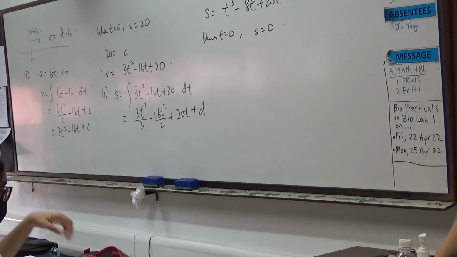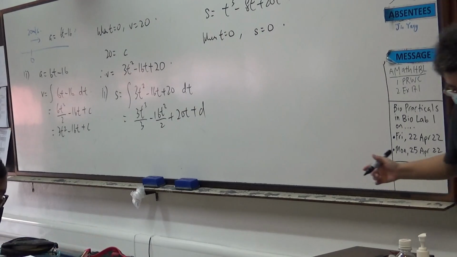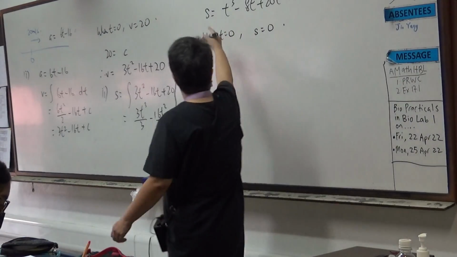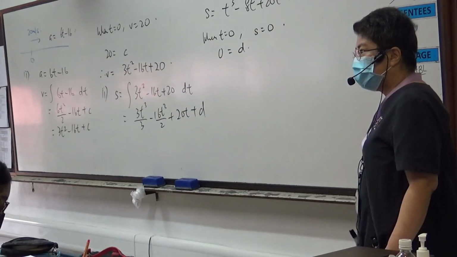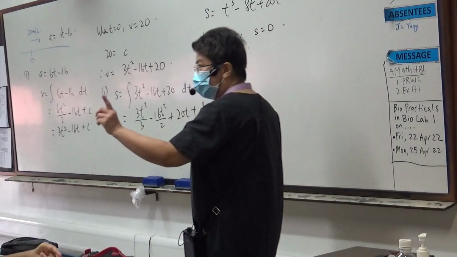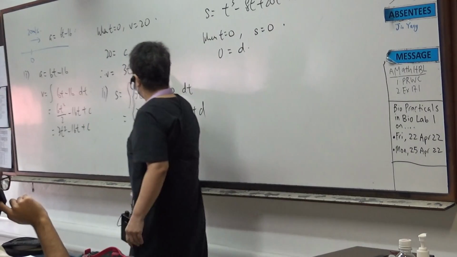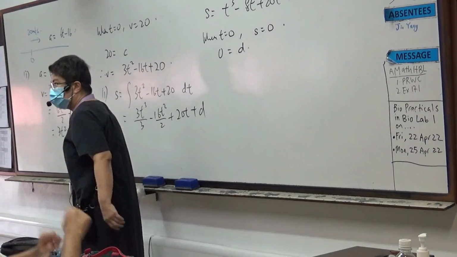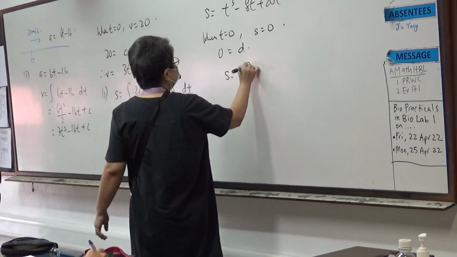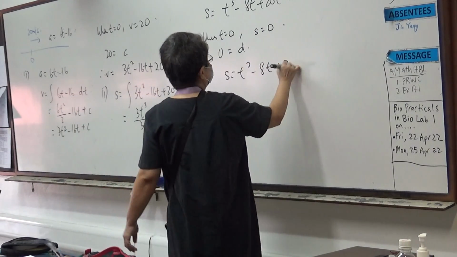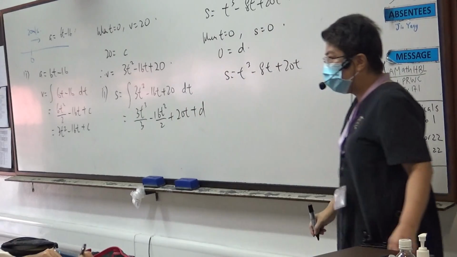Do you understand what I'm saying? When t is 0, s is 0. So when I plug in, 0 will be equal to d, right? You cannot assume that the constant is 0. You must see. Because you see, for this part, the constant is not 0. Everybody clear? So, s will be what? t cubed minus 3t squared plus 20t, because d is 0. Okay?